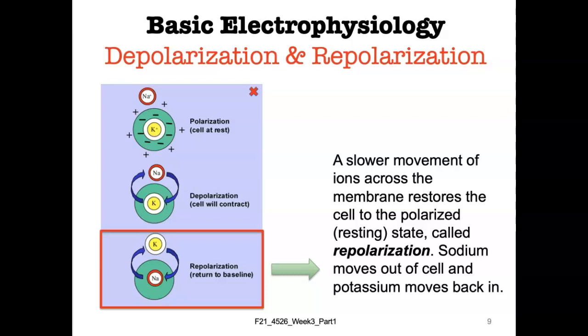If you've got too much potassium, hyperkalemia, it can cause standstill, asystole. Not enough potassium can cause a lot of arrhythmias. So it's really important to understand why we're so fixated on potassium when it comes to cardiac rhythms.